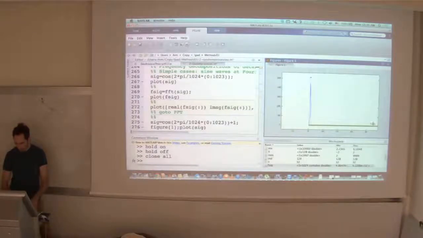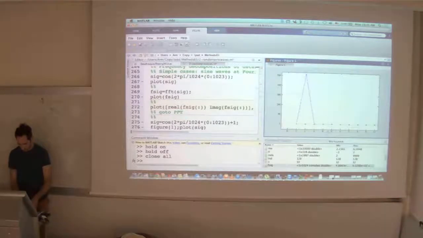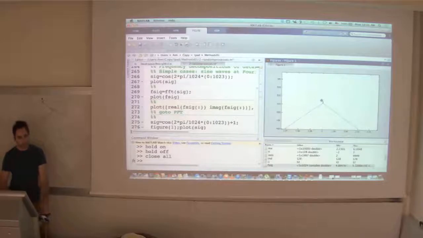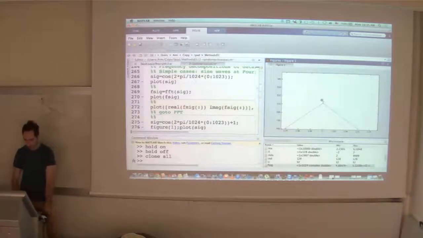We can see that everything is 0, the green and the blue, except for one point. And that point is at entry number 2 with amplitude of 512, which is exactly half of the number of the samples that we ran through the FFT.